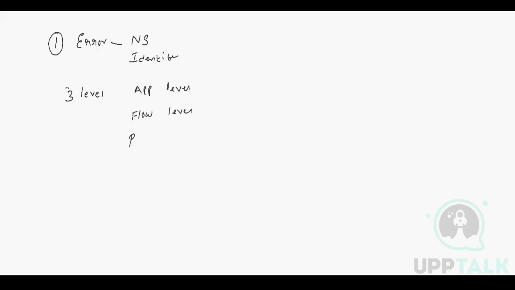This differentiation is very important to understand. Application level means multiple flows in your Mule project, so it's a global one. For multiple flows, we can define one error handler.